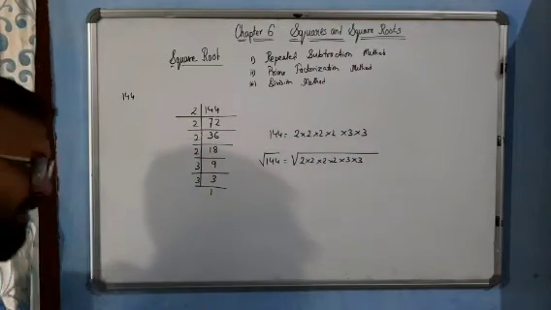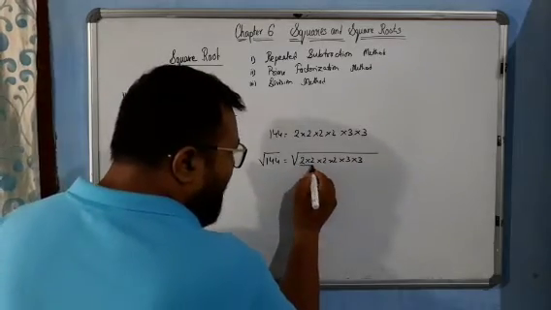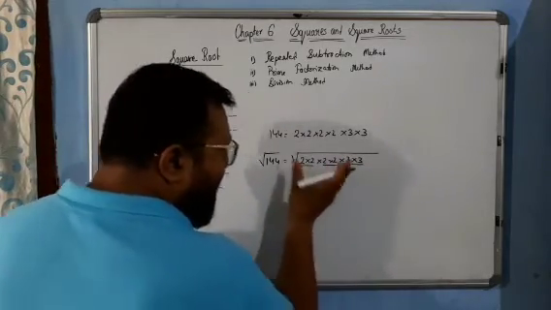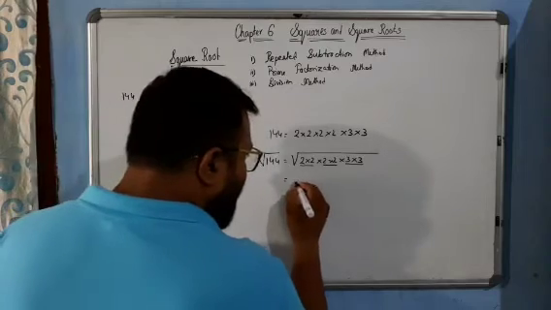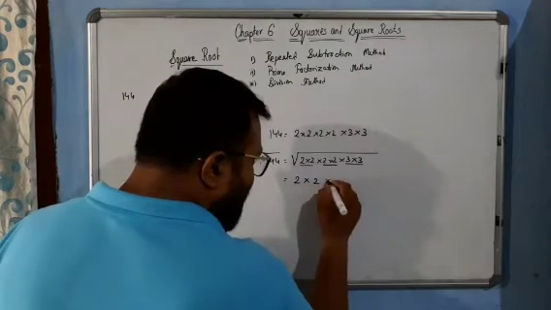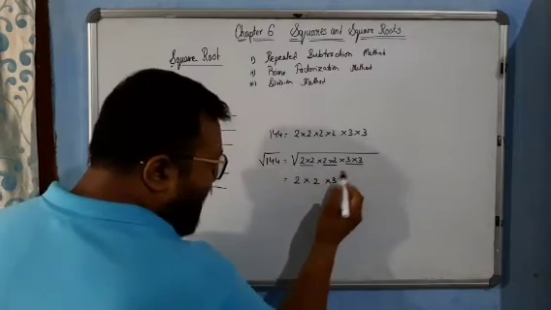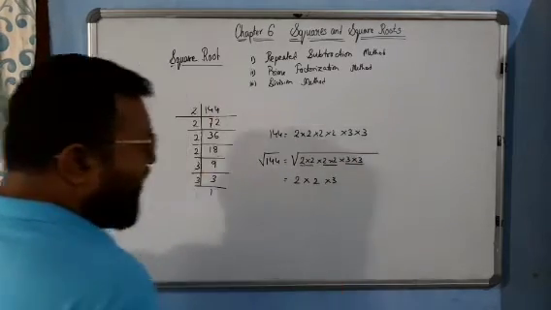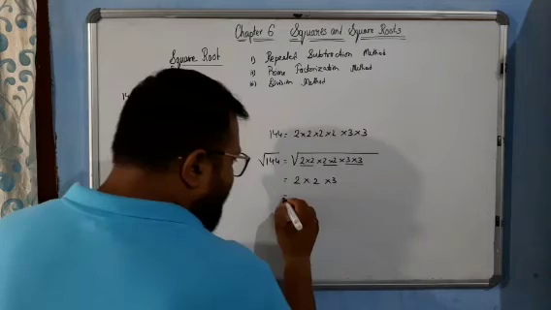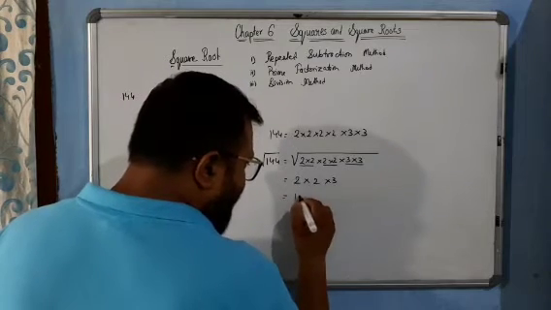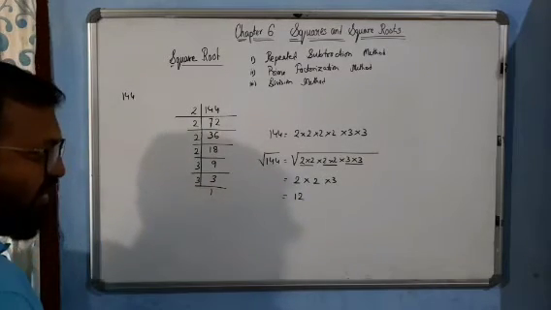Now the square root of 144 will be the square root of this entire thing. Either I can directly say that we take the pairs and come out of the square root. For each pair of 2 I will write 2, and for the pair of 3 I will write 3. Now 2 times 2 is 4, 4 times 3 is 12. So again we are getting 12. It's very simple.